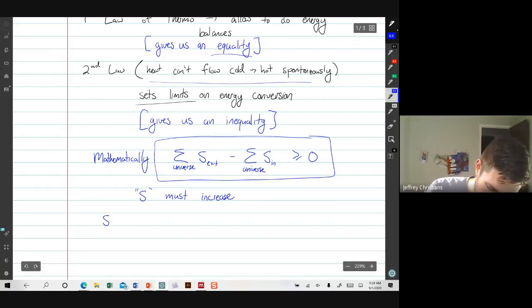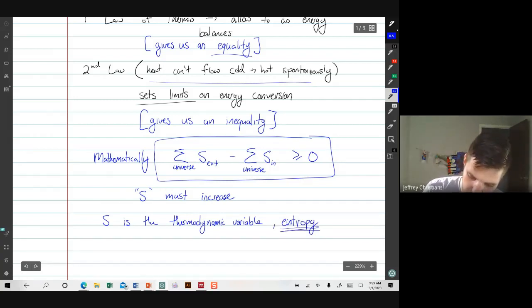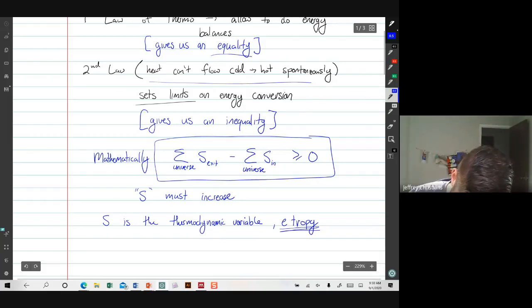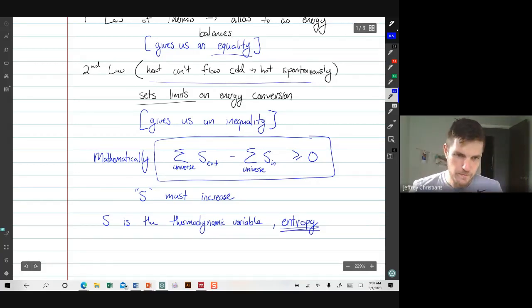So S is the thermodynamic variable, which we'll call entropy. That's supposed to be a letter N. That's a pretty bad one. Entropy.